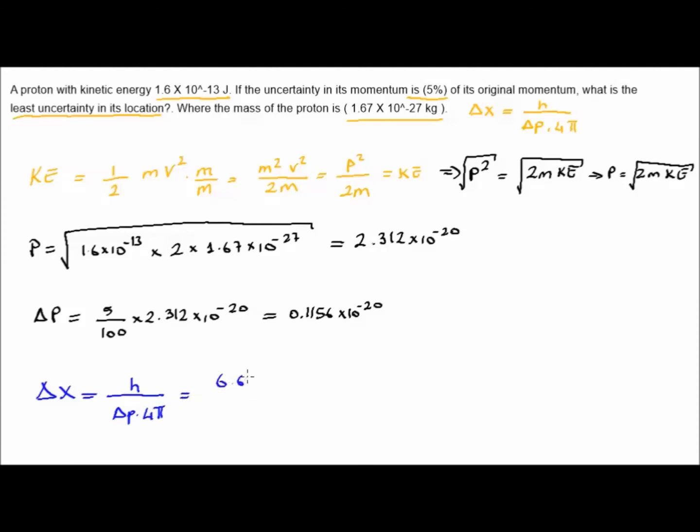H is 6.63 times 10 to the power of minus 34, over delta p, 0.1156 times 10 to minus 20, times 4 times 3.14, and it will be equal to 4.566 times 10 to minus 14 meters.